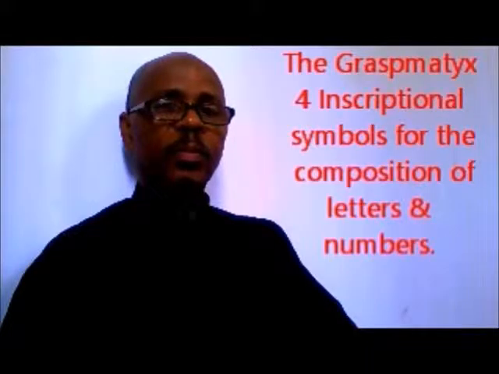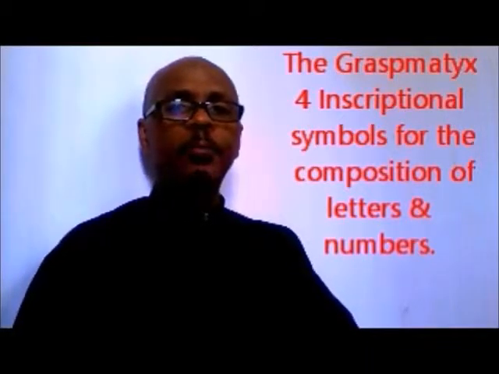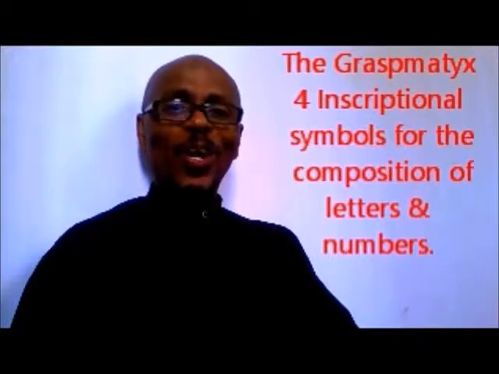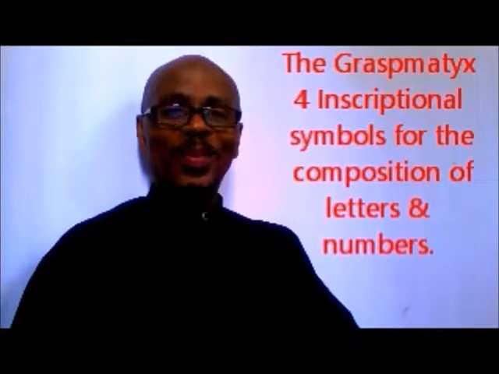This is how they're given to us in English. Also in Spanish, these are the same inscriptional symbols. In most European languages, you'll find these are the same inscriptional symbols. But the question is, what are the compositions of these symbols? That's what we're going to be talking about on this day. So join with me as I show you more about the composition of the symbols.